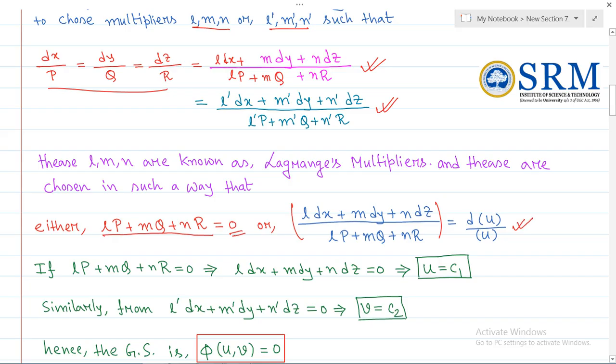Either of these two forms should be created by this term. That is why l, m, n are chosen.